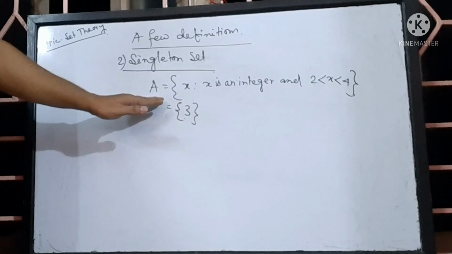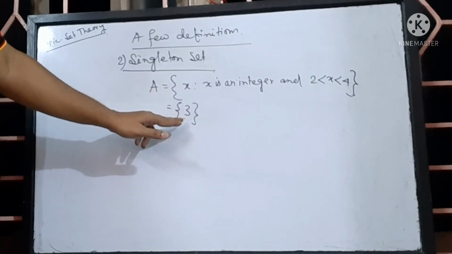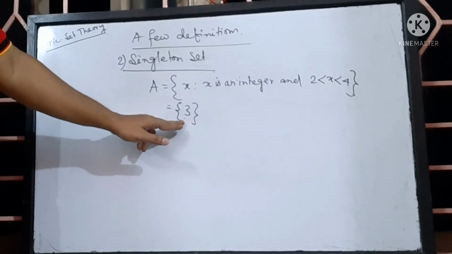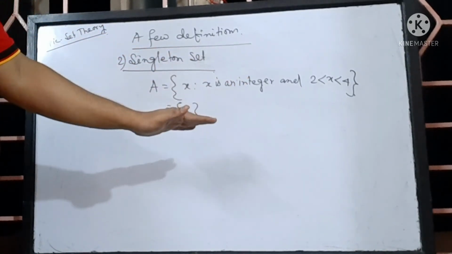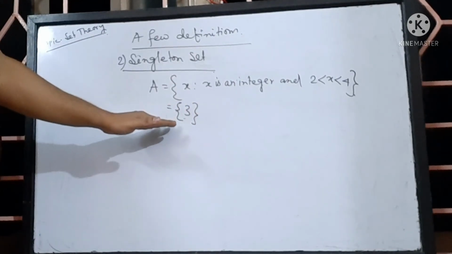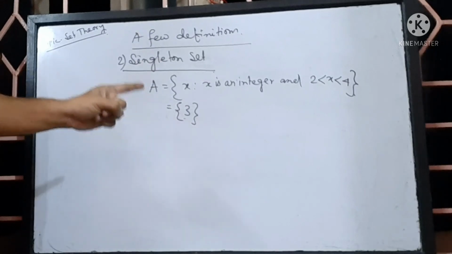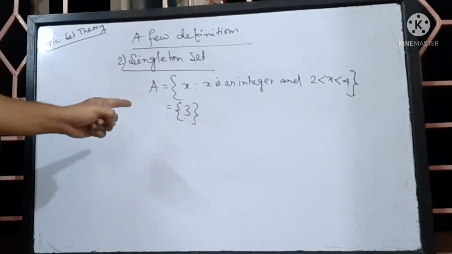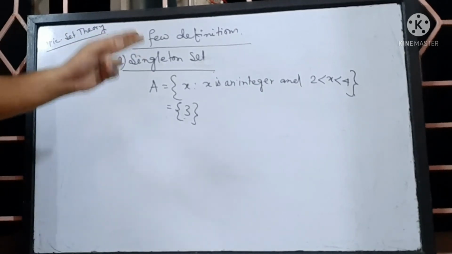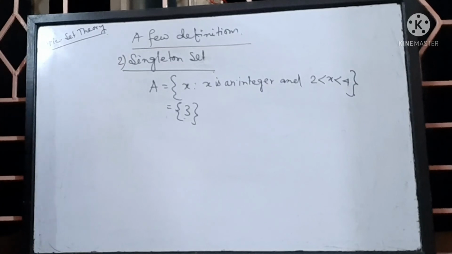So we can say that this set contains only one element, 3, because 3 is the integer that lies between 2 and 4. This type of set is called a Singleton set, in which there is only one element.